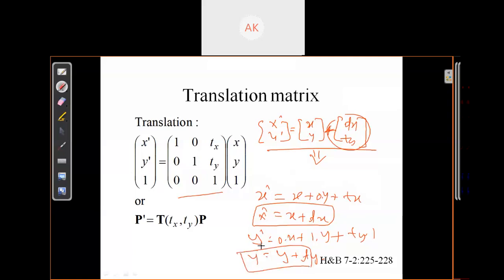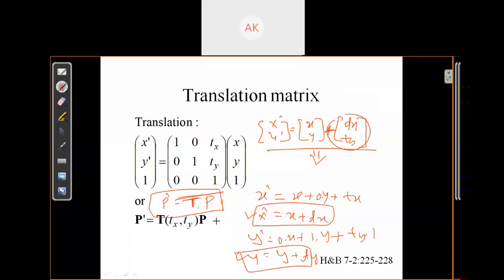So now you can see we can write this equation in a multiplicative form. Here P dash equals T, our translation matrix, into your original coordinates P. Now you can see our formula has changed into a multiplicative form.